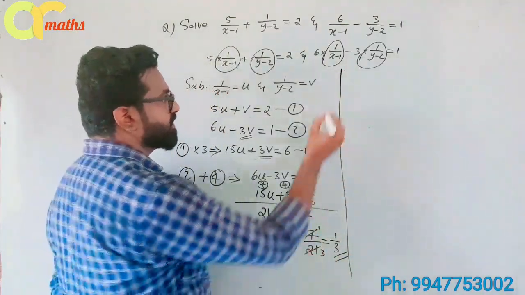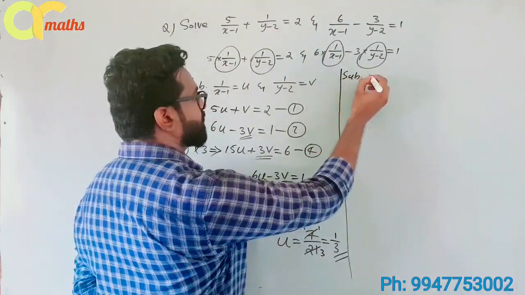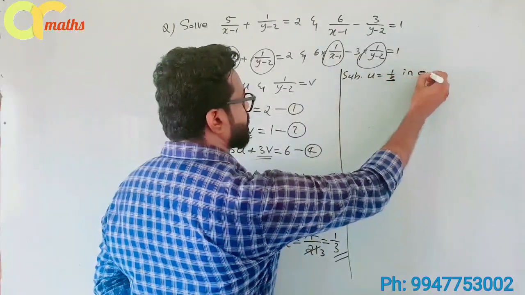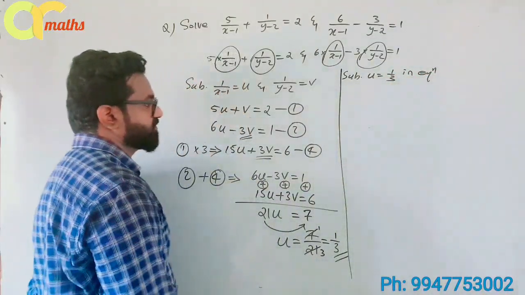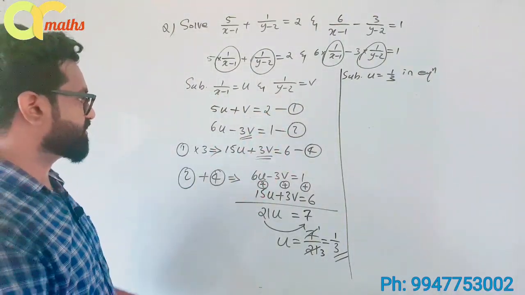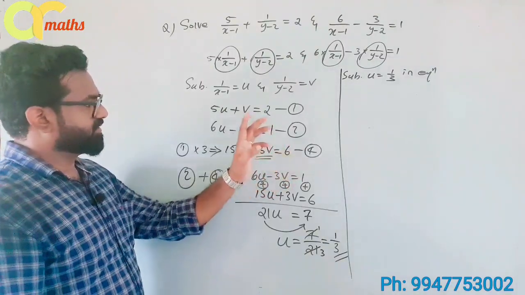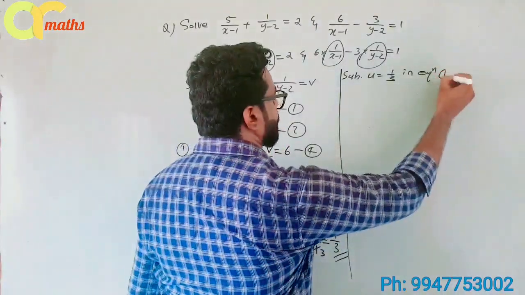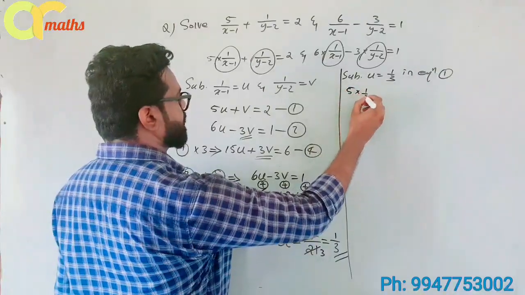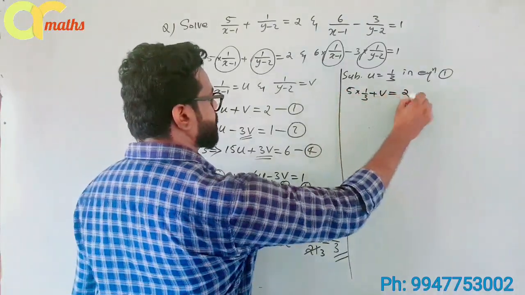To find v, substitute u equal to 1 by 3 in an equation. Which equation? 1, 2 or the fourth equation. Any equation you can substitute. I am substituting the first equation. So first equation, 5u, 1 by 3, plus v equal to 2.